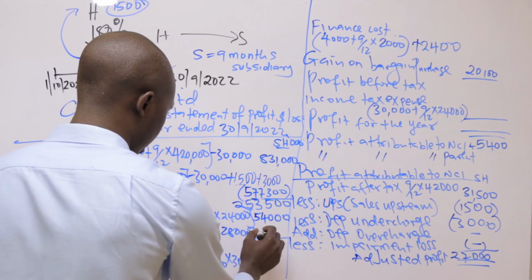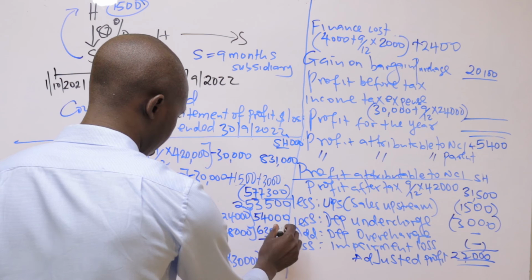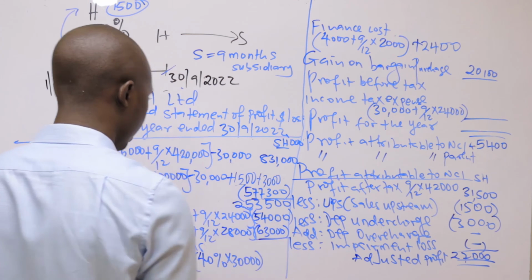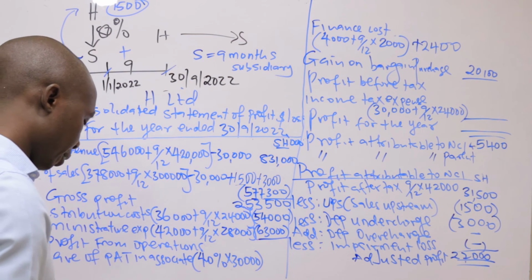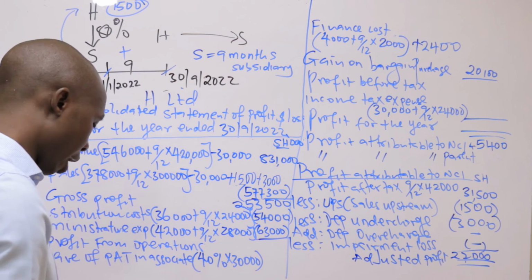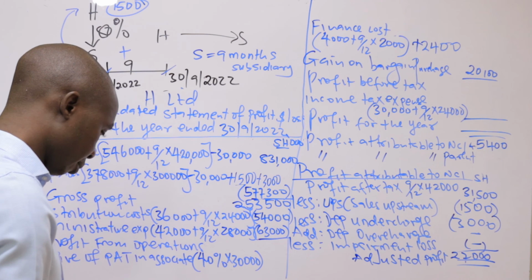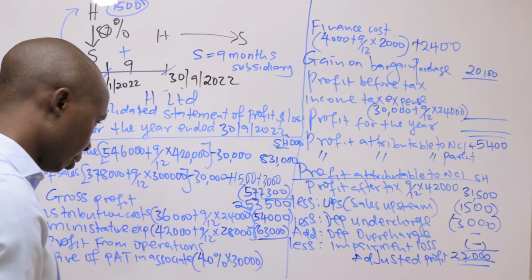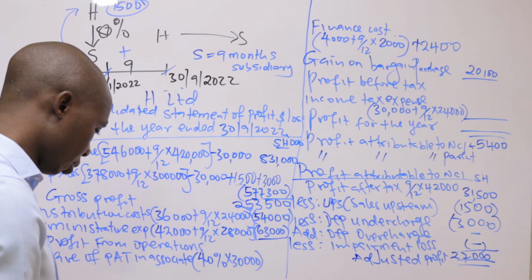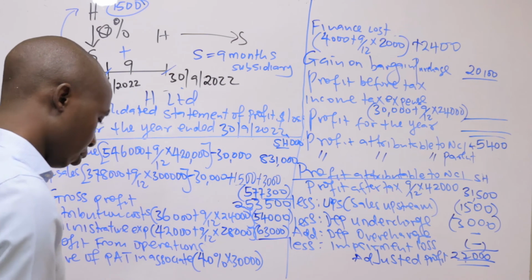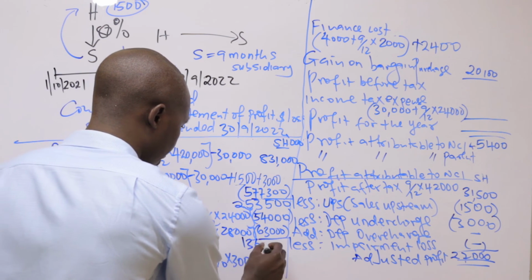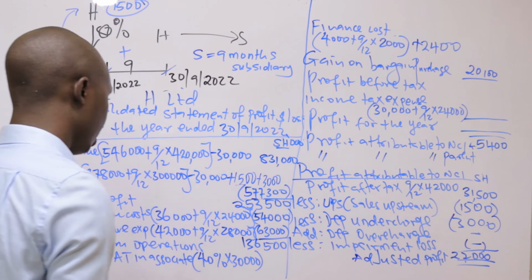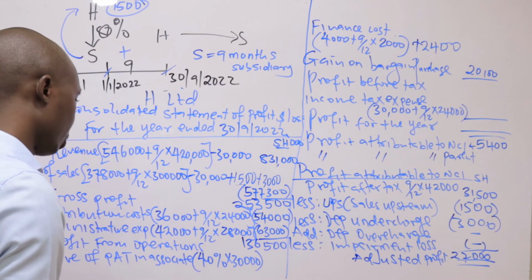This is 63,000. So 253,500 minus 54,000 minus 63,000. So this is 136,500. That is profit from operations.